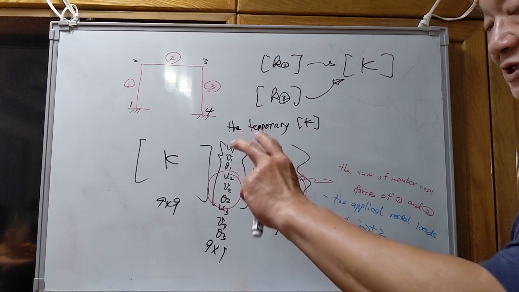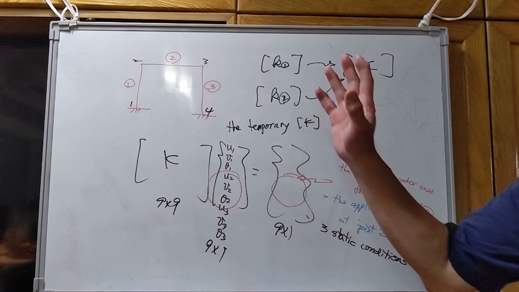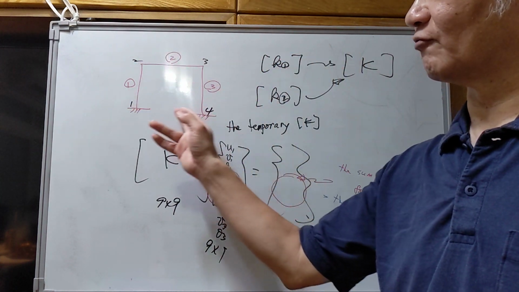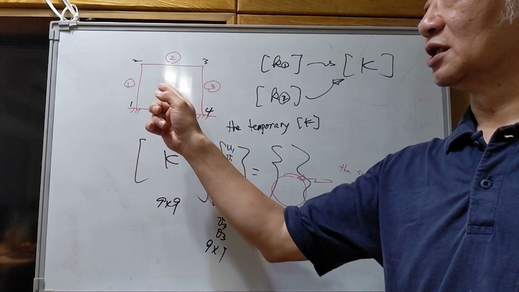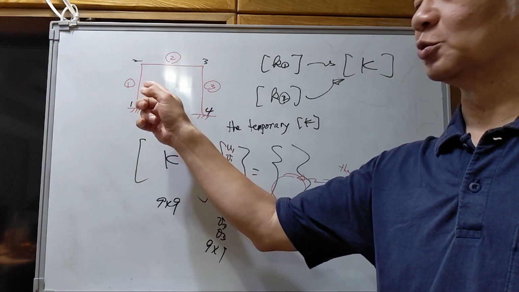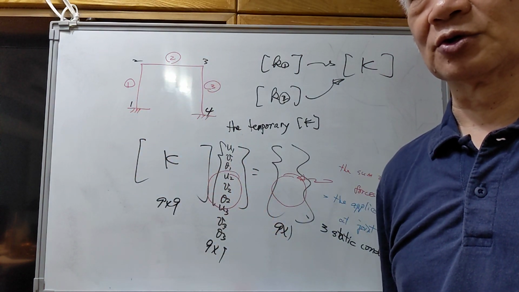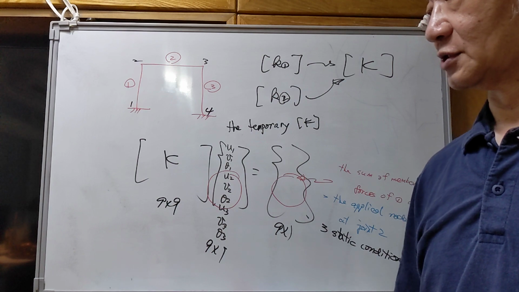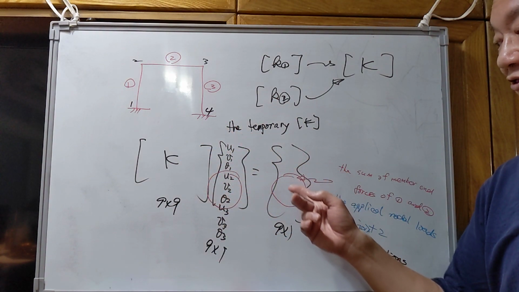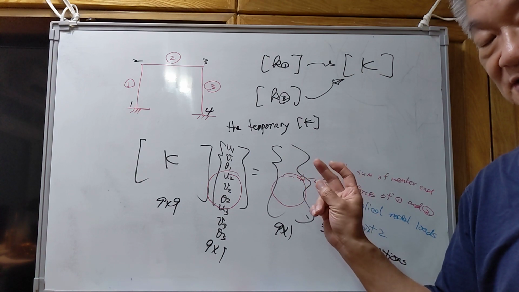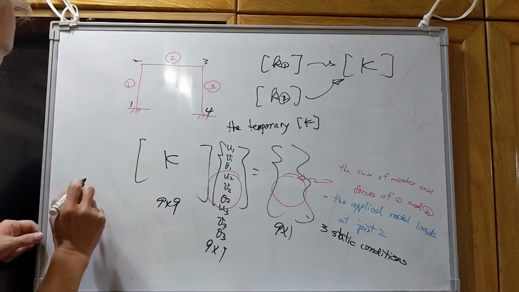So at this step, we can do the static condensation. No need to wait for the complete global stiffness matrix. Even though we assembled only 2 element stiffness matrices into the temporary global K matrix, since we got the 3 known static conditions, we can do the static condensation.